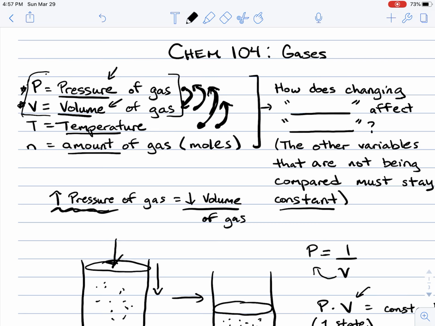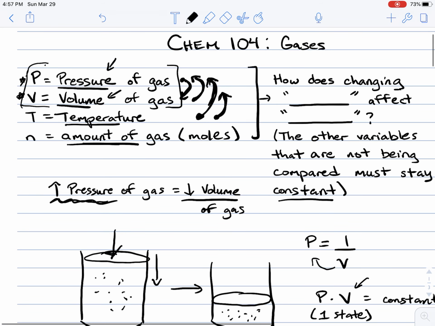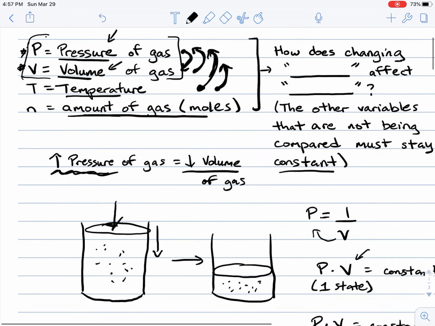So the last thing that we need to discuss is the relationship between the amount of gas molecules and, for example, volume or temperature or pressure. So let's go ahead and do that.